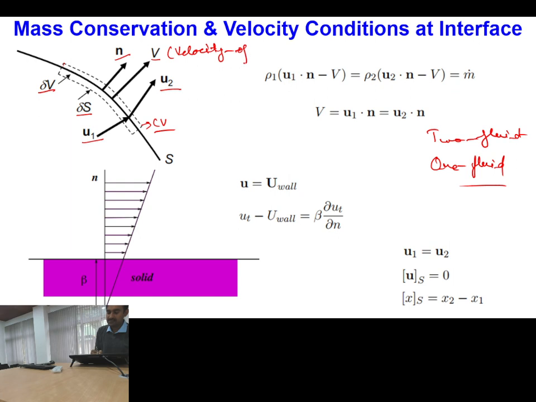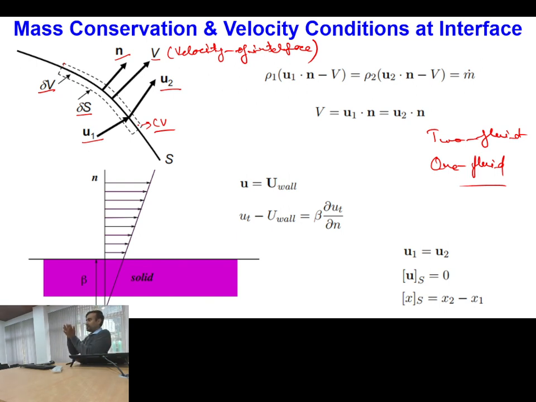Now if you have to write mass conservation here, consider that the thickness of this interfacial control volume is extremely small. What is the meaning of this?